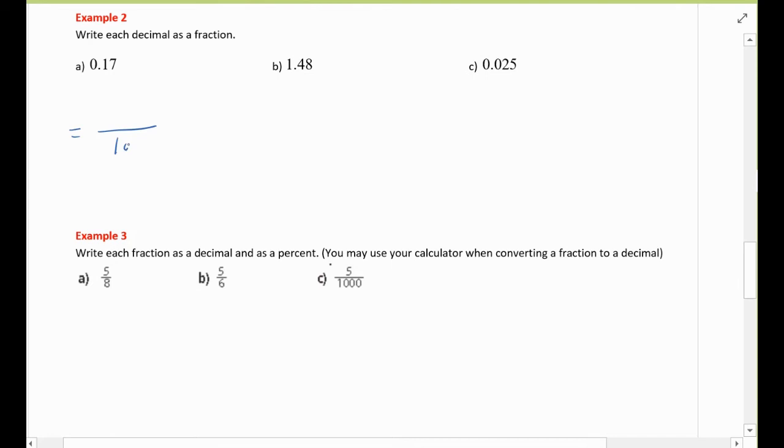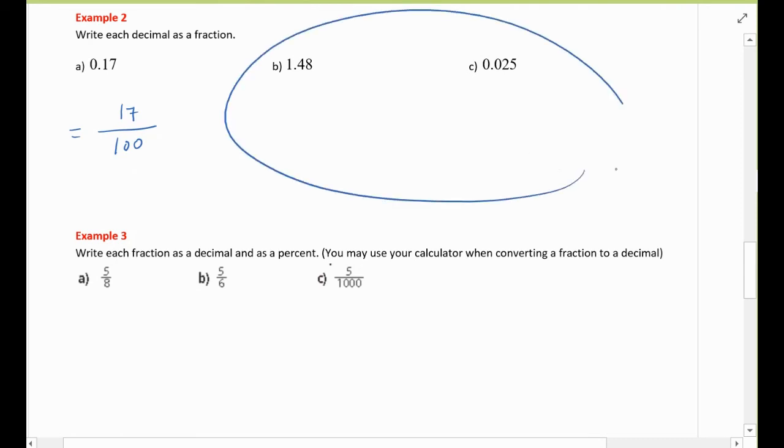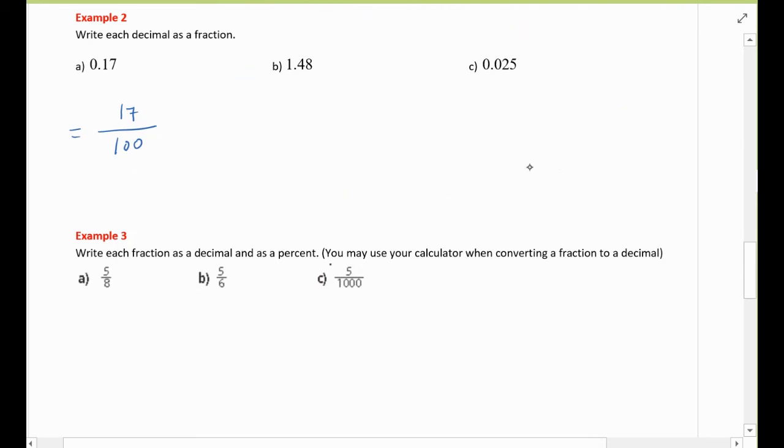So you put 100 in the bottom, and in the top you put 17. Is this the simplest form? If it is, you don't have to simplify. You don't have to reduce. So this is the simplest form. There's no number that can divide both 17 and 100. Now I want you to do B and C by yourself. Go ahead, everyone.